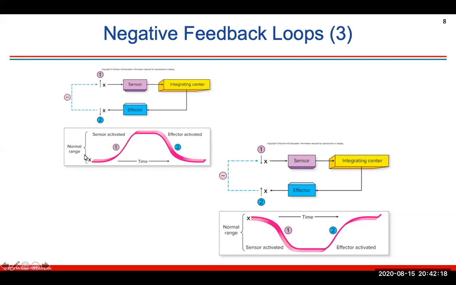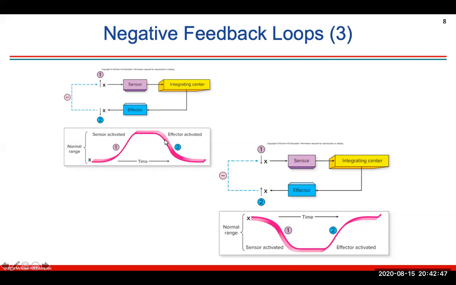So here is the normal range of values. This would be on the y-axis of the graph, and the x-axis shows time. If there's a change from the set point, which is signaled by the rise in this graph, the sensor will become activated. It'll sense that change and send it to the integrating center, which is signified by this plateau in the graph, and then it'll tell the effector what to do to try to bring this back to normal.